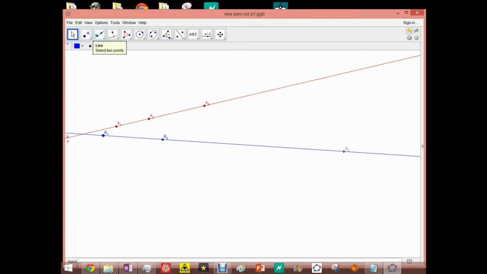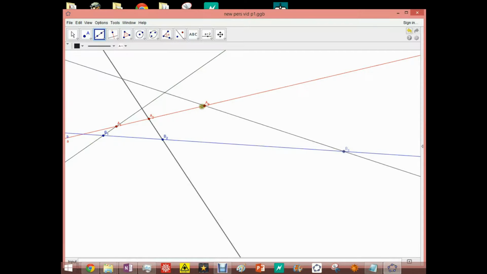So the first thing we're going to do is just to sort of try and find an origin of perspective by linking corresponding nodes. Okay, so you see that forms this triangle.